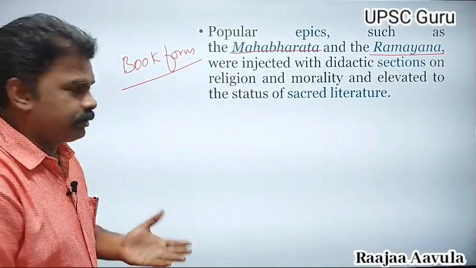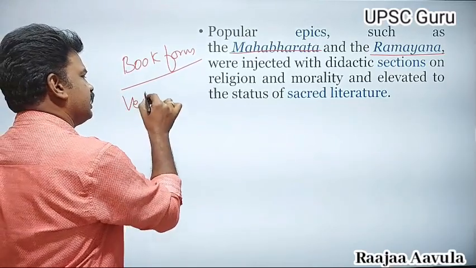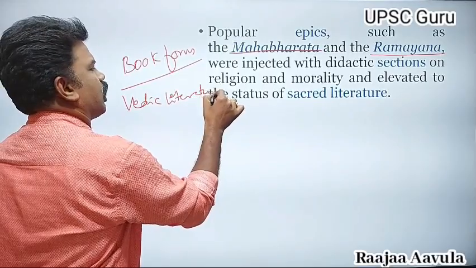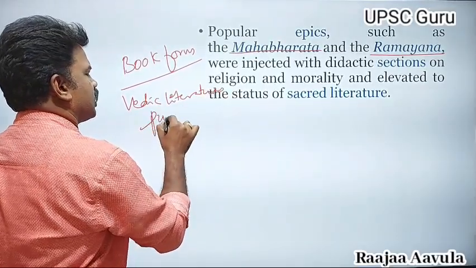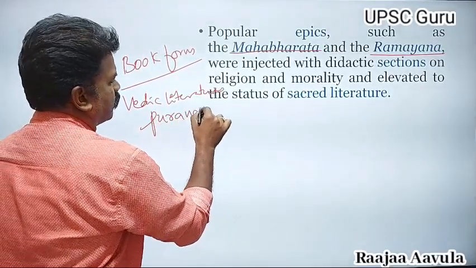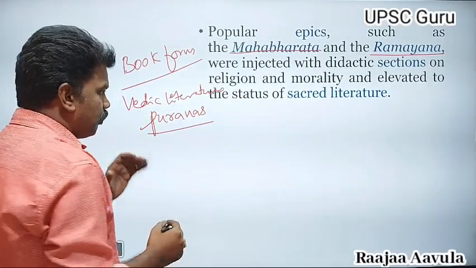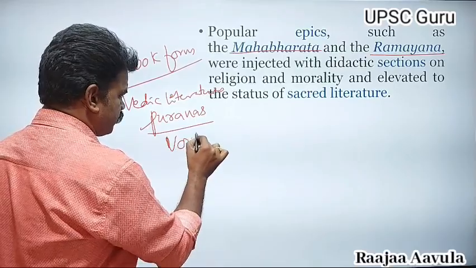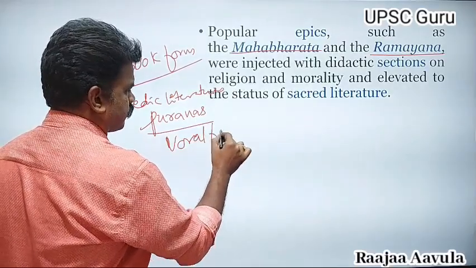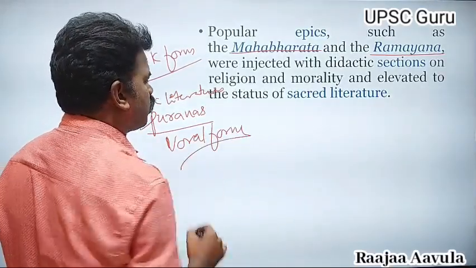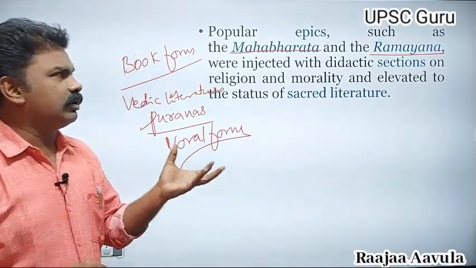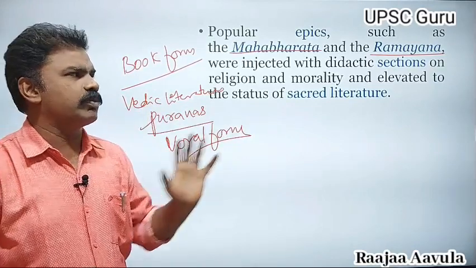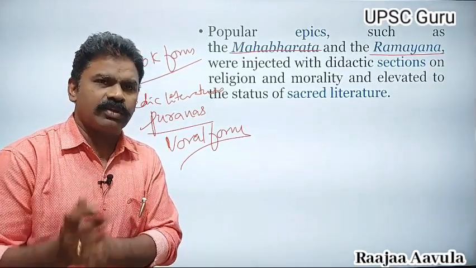Before the Gupta period, Vedic literature and Puranas were all in oral form. This oral form of the epics, the Vedic literature, and some Puranas were converted into book form.